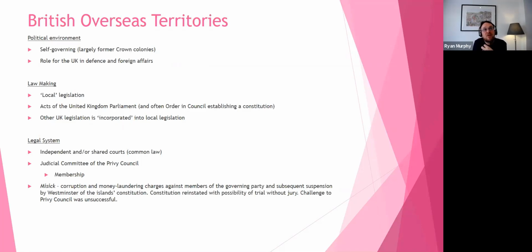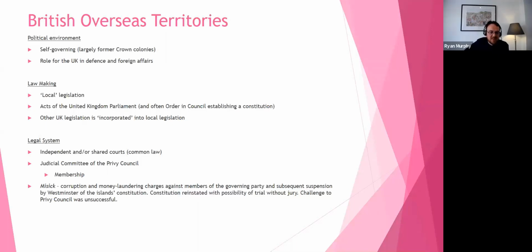And the potential for an independent jury is much reduced. And so you have failure in governance of the British Overseas Territory, you have the suspension of the Constitution by the Westminster Parliament, by the UK Parliament. It's then reintroduced, but removing one of the fundamental principles of many liberal democracies.